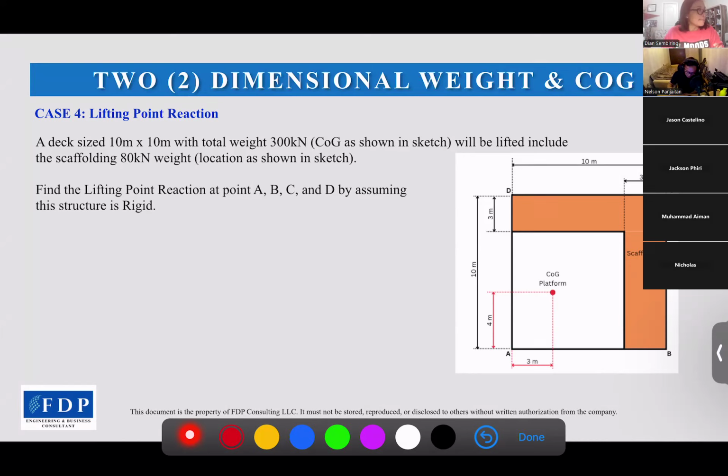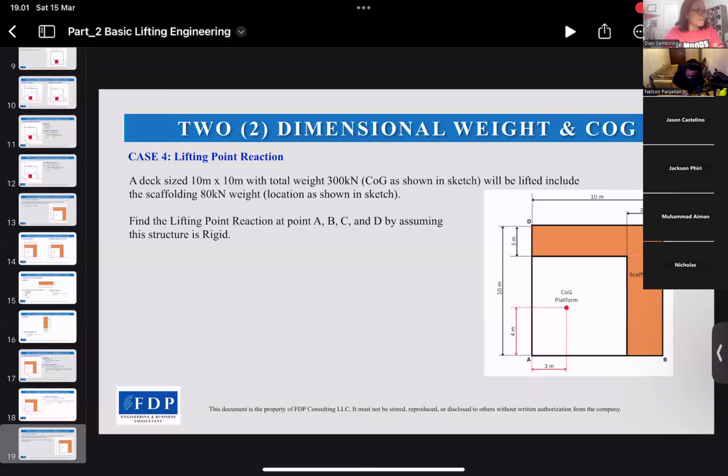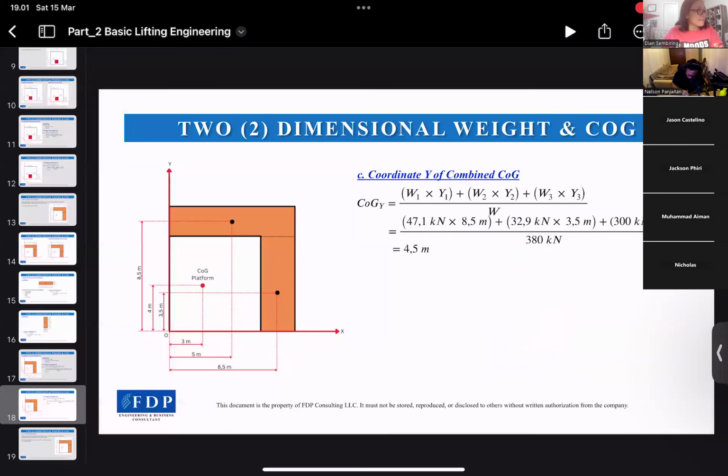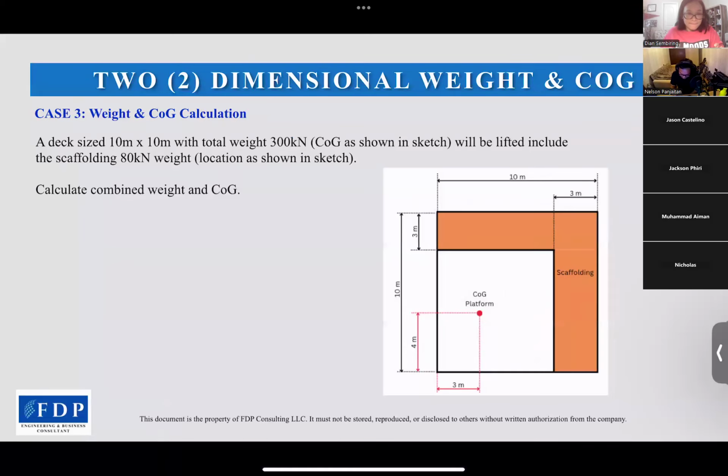So you are saying you have a case like this, 10 meters times 10 meters, and the orange colored area is a pipe spool. Yes.